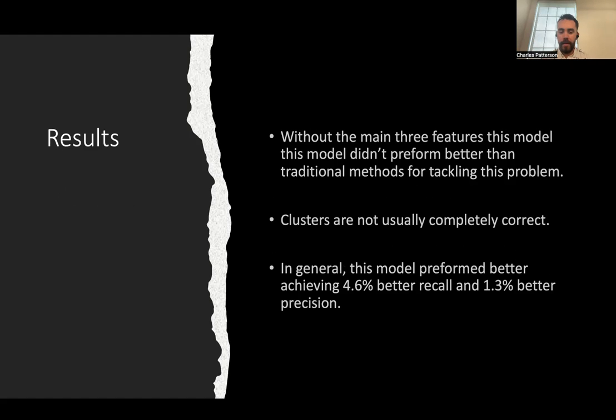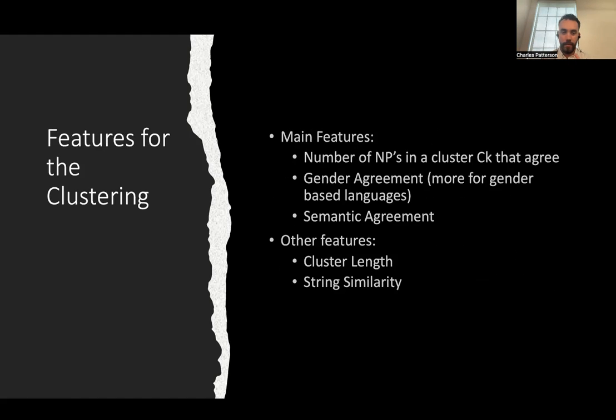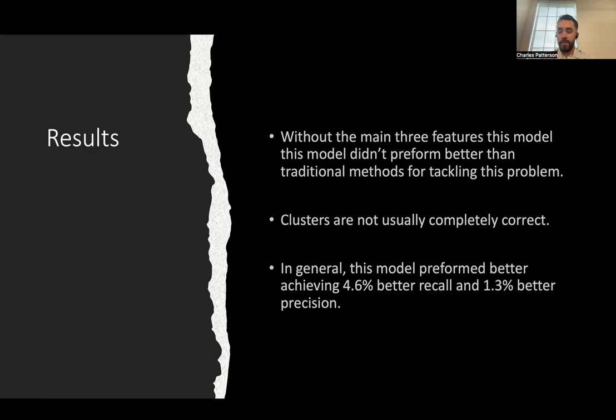For the results, what they found was that if you include the main 3 features, the model seems to perform very well, but if you don't include any of them, we don't really see much of a difference between the cluster-based approach and the traditional methods.